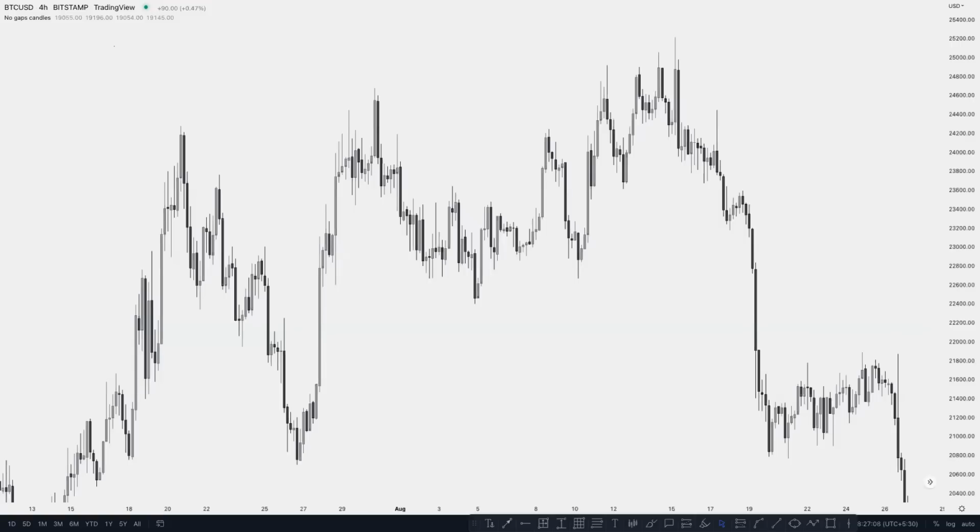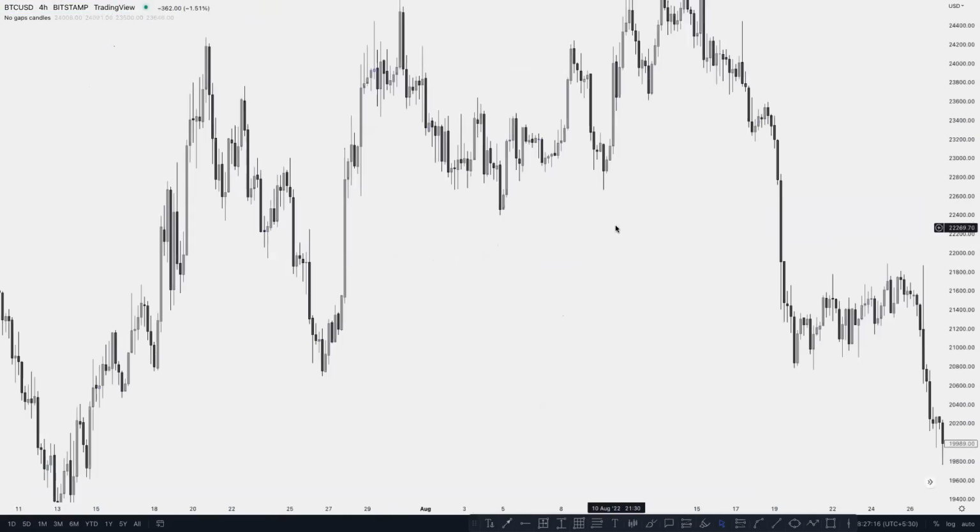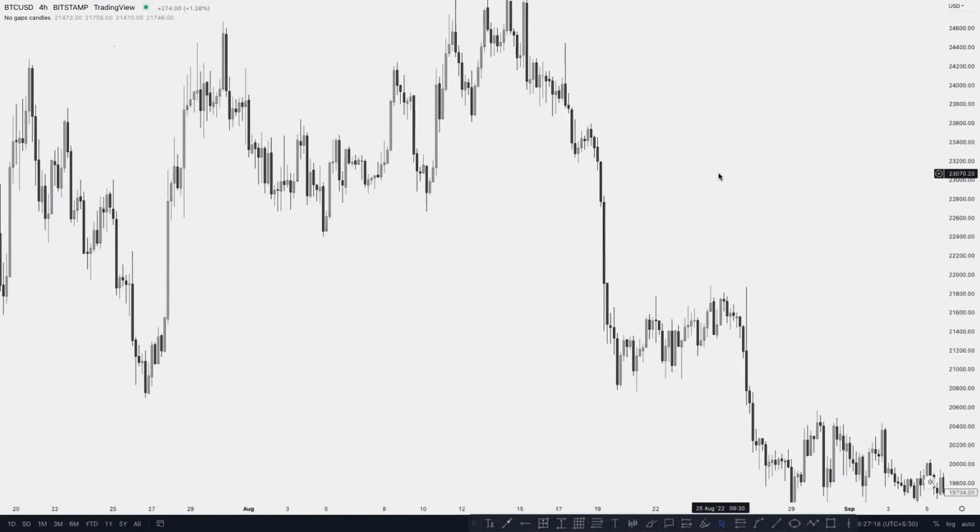How should I know when the pullback is over? There is actually no need to mark it. Pullback is over only when the market breaks the structure and pushes downside. When the market takes out the previous recent high or low, as I mentioned, that means the pullback is over. Simple.